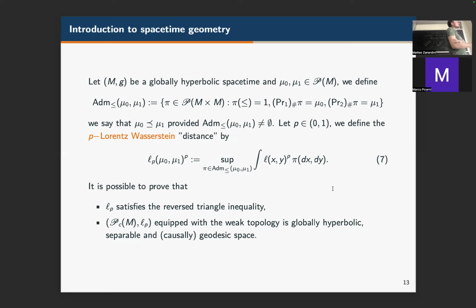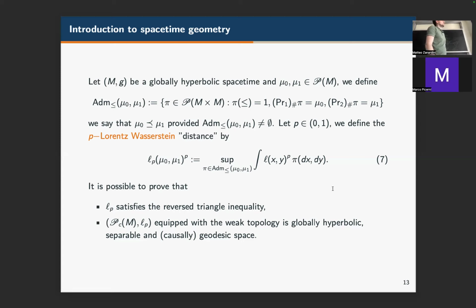But you ask also that the plan pi is concentrated on the causal order. What does this mean? It means that the plan pi is concentrated on points that are in causal order. So you allow only plans that move points into their causal future. You allow only particles, in some sense, that are moving into their future.